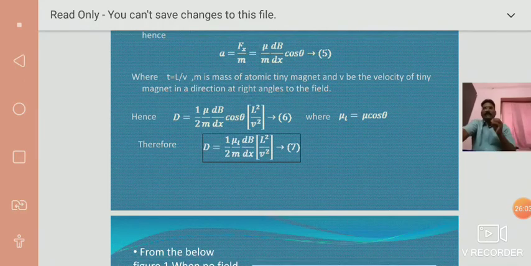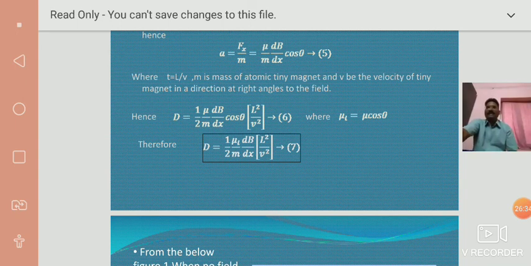One thing we must remember: whenever the silver atomic beam enters the inhomogeneous or non-uniform magnetic field, it is deviated from the actual path and travels a length capital L with velocity small v in a time t.